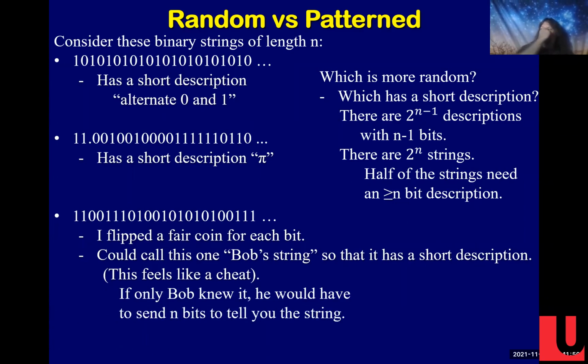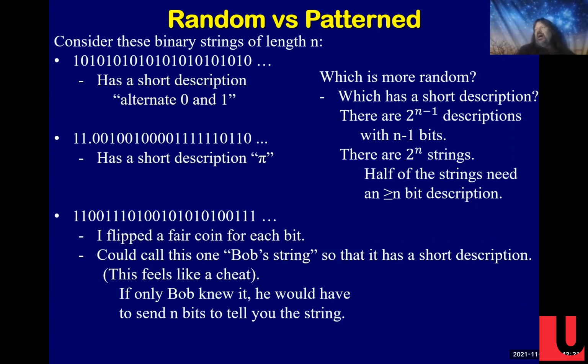Another way of thinking about this is communication complexity. Suppose Bob flipped all these infinite number of coins and Bob knew this string and he needed to send me bits to tell me what the string is. And we could have any communication method whatsoever. In order for him to tell me n random bits, he really does need to send me n bits.